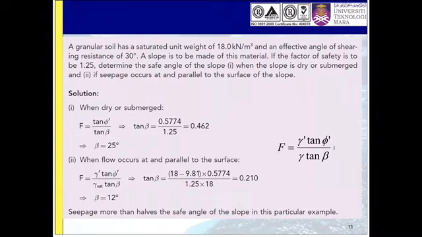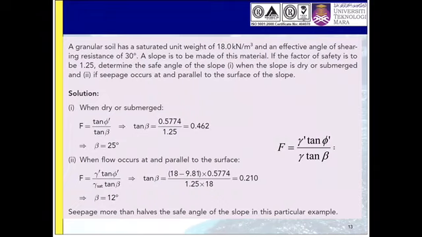In this case, granular soil indirectly tells you that c is equal to 0. So for dry or submerged, that means gamma prime and gamma are equal, so the ratio becomes 1.